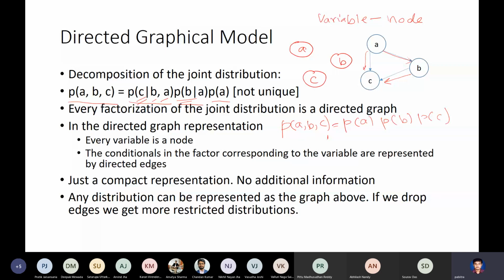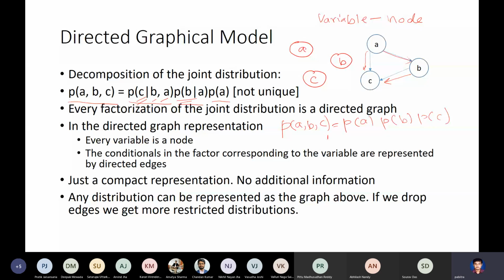So every edge you drop, you put more and more restrictions. There is a correspondence between a factorization and the graph, but the factorization is for a distribution. So the particular type of factorizations given by a graph will correspond to more and more restricted distributions if we have fewer and fewer edges in the graph.